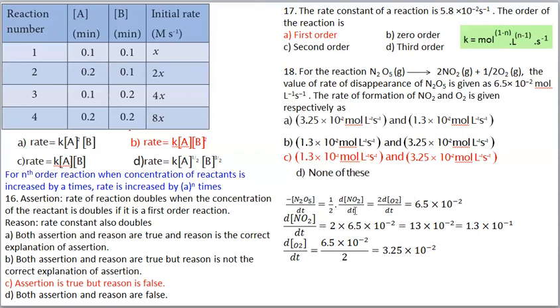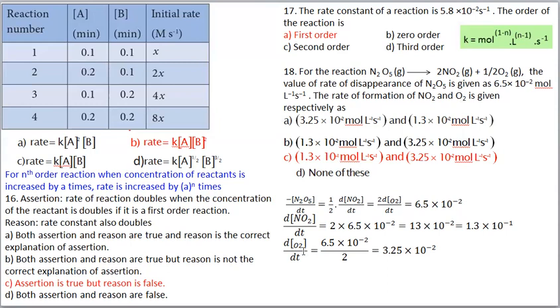So rate of formation of NO2 is equal to 2 into 6.5 into 10 to the power minus 2, which is equal to 13 into 10 to the power minus 2, or we can say 1.3 into 10 to the power minus 1. This is wrong, this is right.